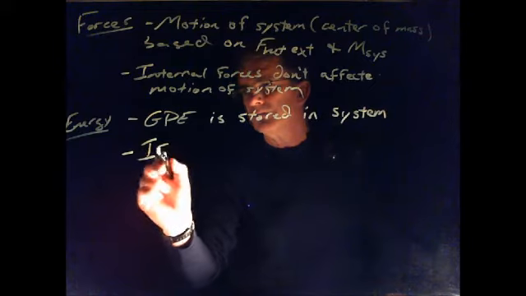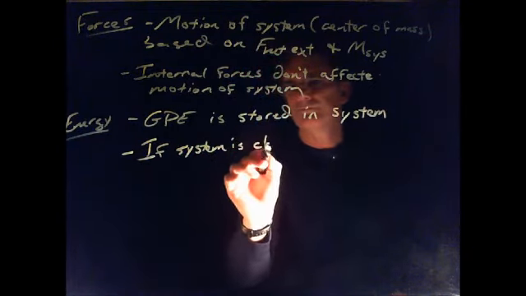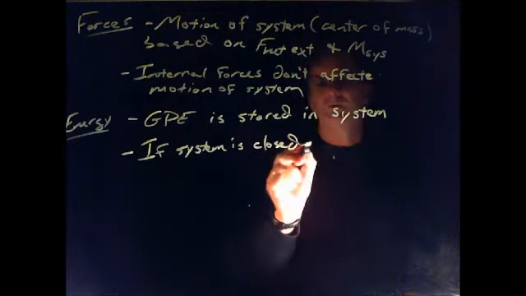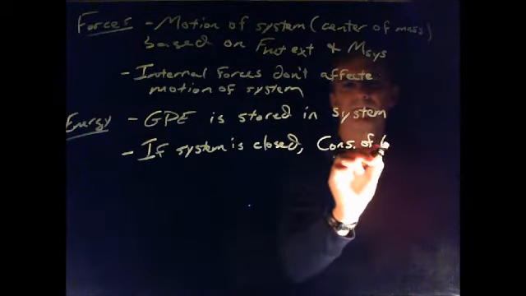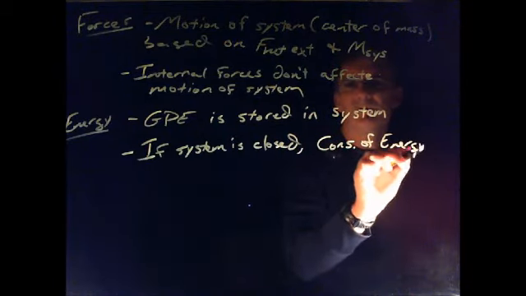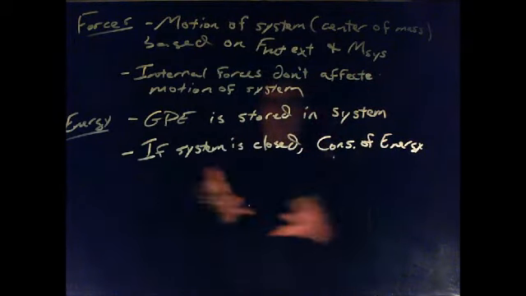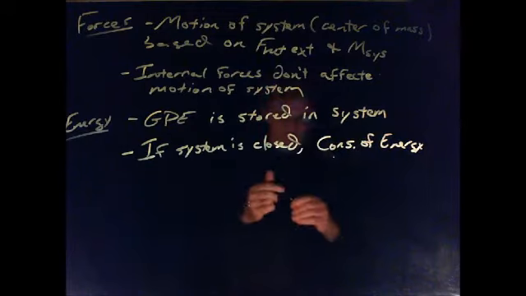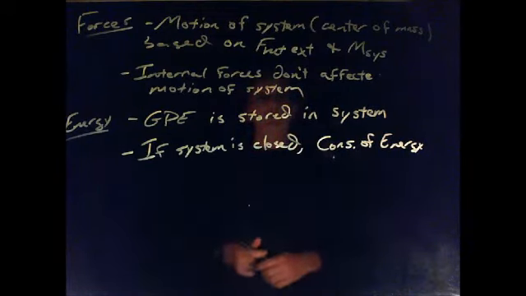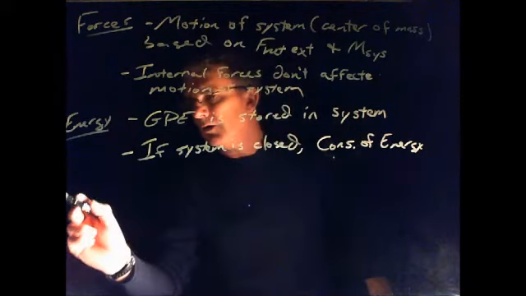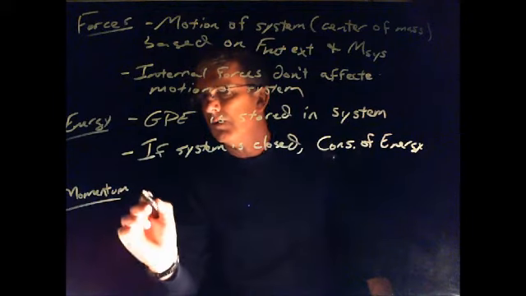If the system is closed, we have conservation of energy. If the system is closed, there's no external forces. If there's no external forces, there's nothing that can change the motion of the object, and so energy is going to be conserved. Our big ideas with momentum are similar.